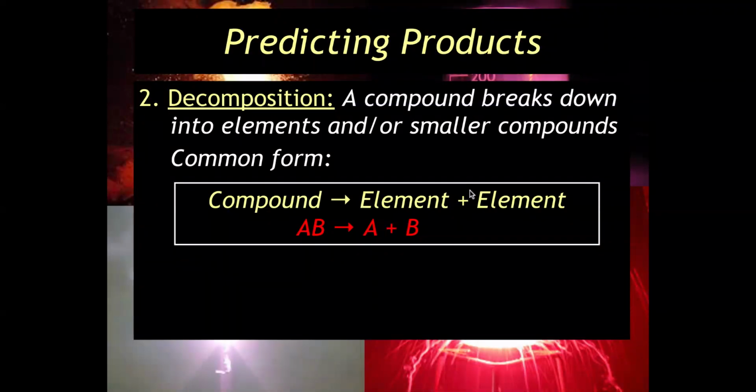Instead of having the compound on the right side of the arrow, now we have it on the left. So you start with the compound, and it breaks down into an element plus another element. So if we were using symbols, it would be like AB breaks down into A plus B. That's a decomposition reaction.